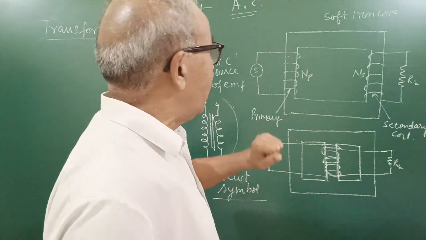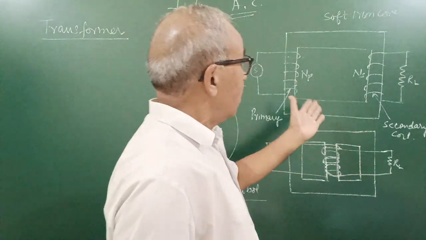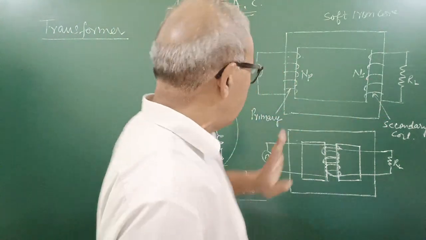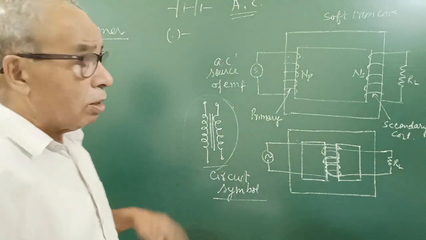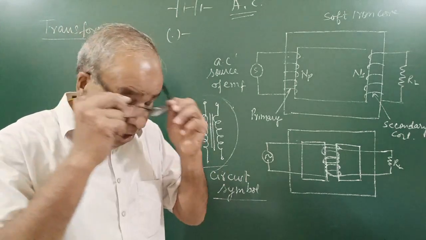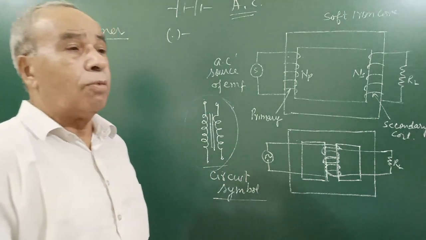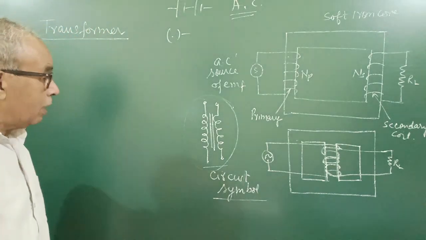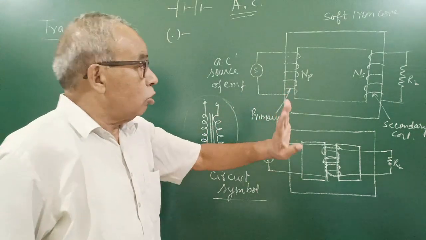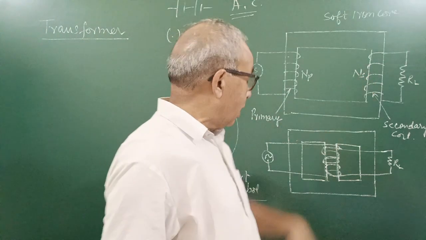Sometimes the primary coil has more turns than the secondary, and sometimes the secondary coil has more turns. I will tell you later that there are two types of transformer: step up, which increases the voltage and decreases current, and step down, which decreases voltage. A step up transformer has more turns in the secondary coil.